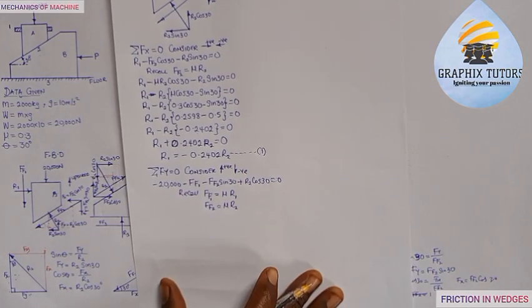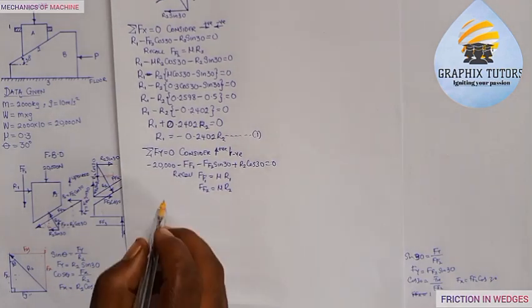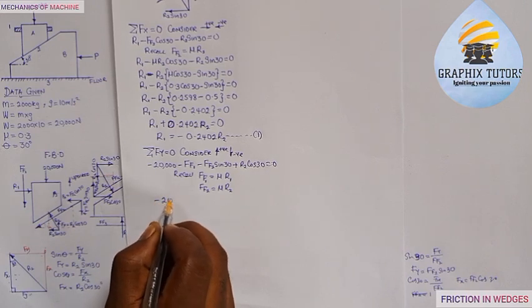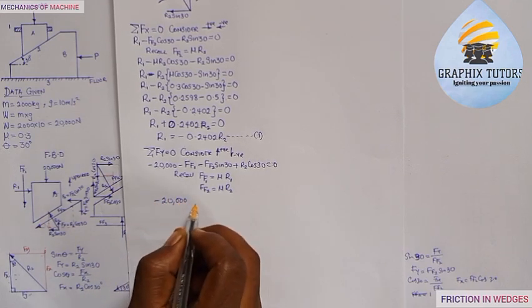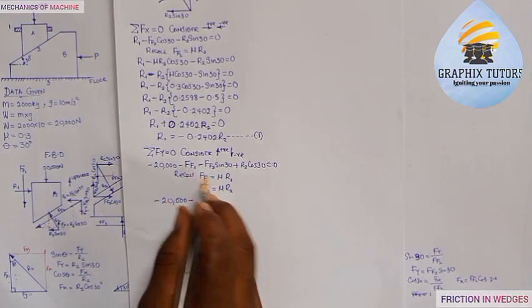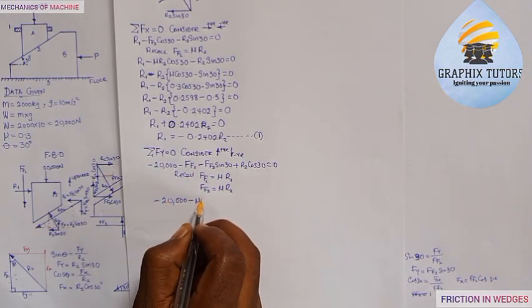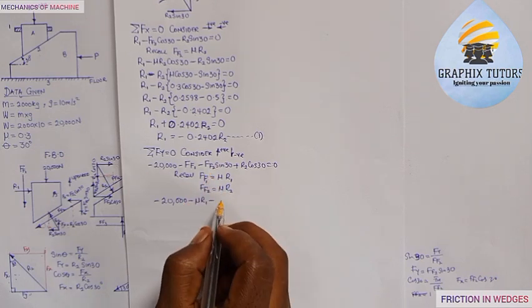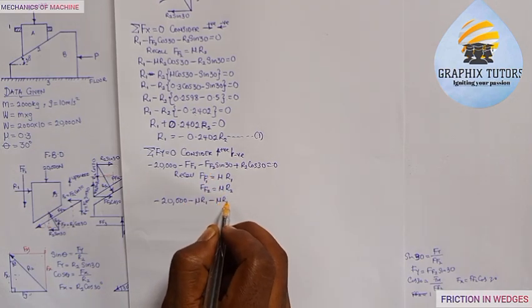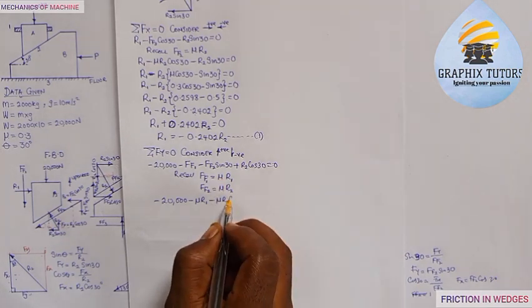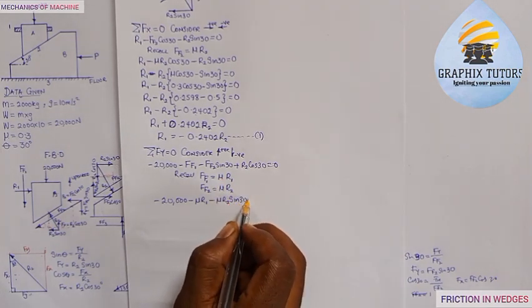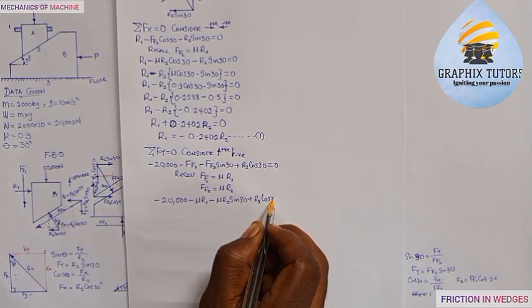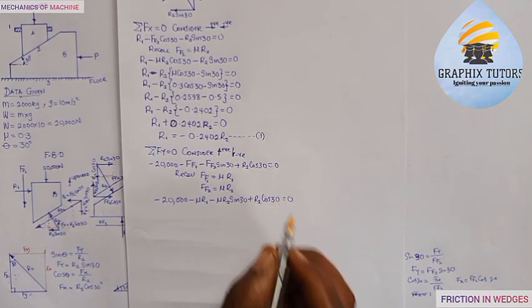So we implement this in the equation above, and we're going to be having minus 20,000, minus, instead of writing FF1, I'll put μR1, minus, so I'm writing FF2, I'll put μR2, then I have sine 30 there, sine 30 plus R2 cos 30 equals to 0.